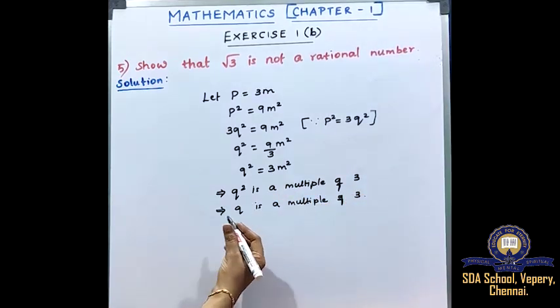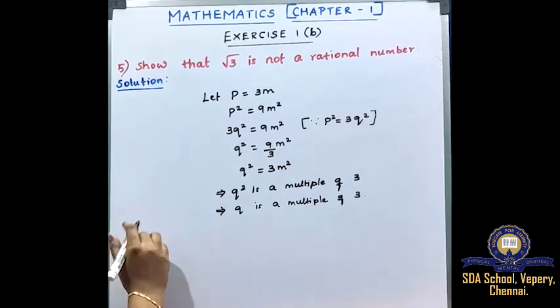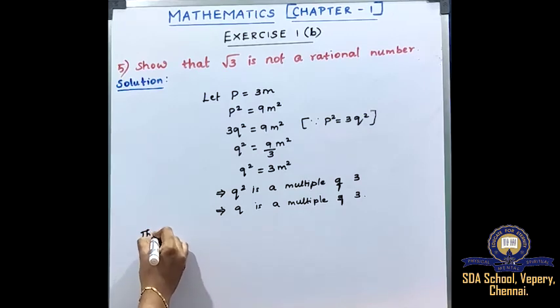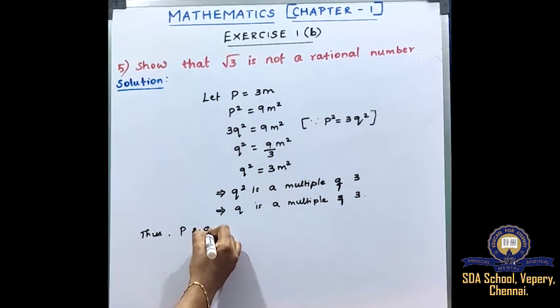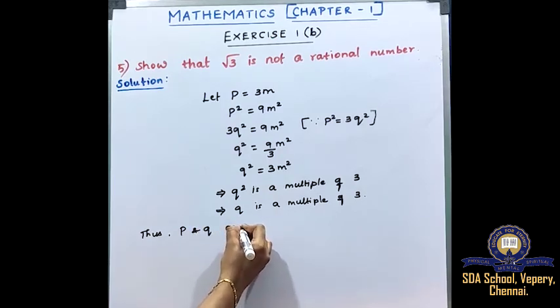Previously we have seen that p is a multiple of 3. So here we have seen that q is a multiple of 3. So from this we can say that p and q are multiples of 3.